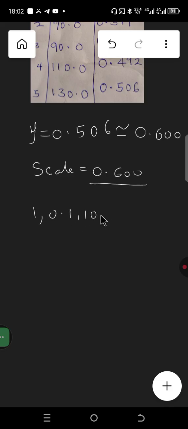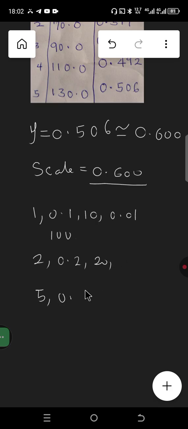We have 10, we have 0.01, we have 100, and so on and so forth. We also have 2, 0.2, we have 20, and so on and so forth. We have 5, we have 0.5, we have 50, and so on and so forth.